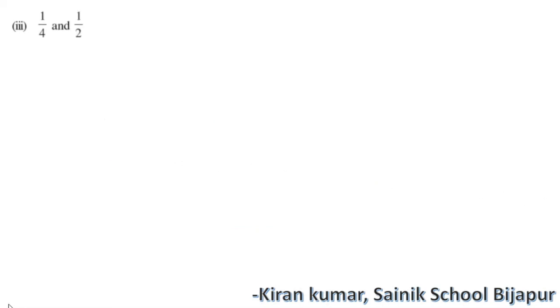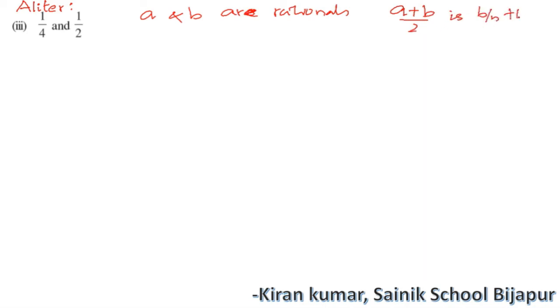One more question. For this question I'll tell you another method, an alternate method. The alternate method is, if A and B are rationals, then (A plus B) upon 2 is between them. I'll use this method.